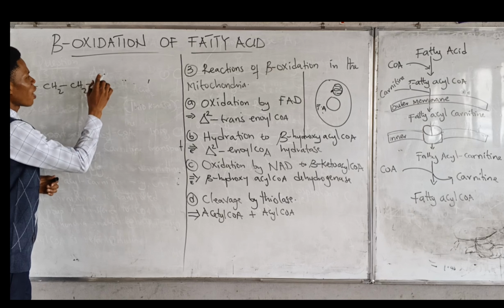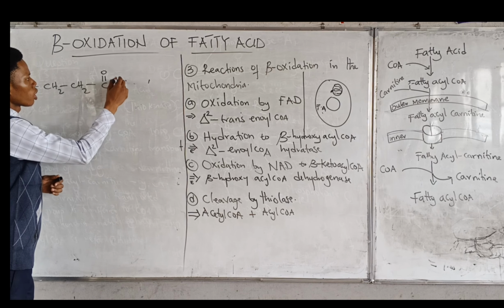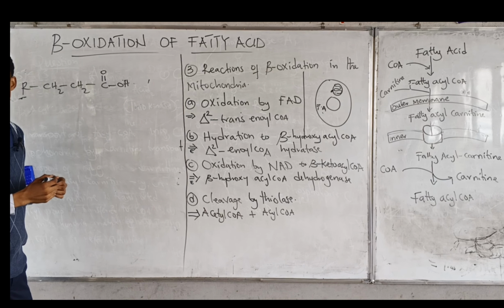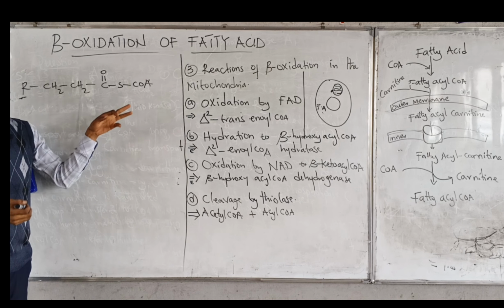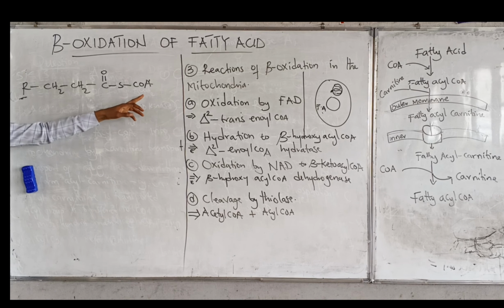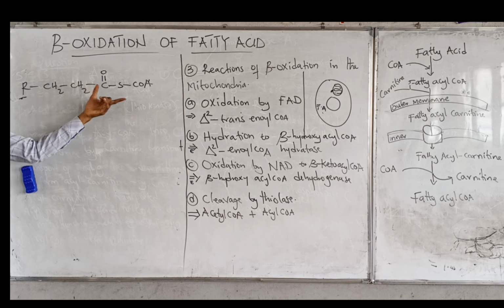If I write it this way, I've not changed anything, have I? It remains the same. Now, if I attach coenzyme A, coenzyme A is always attached with a sulfide bond. So this is coenzyme A attached. What I now have on the board is what?